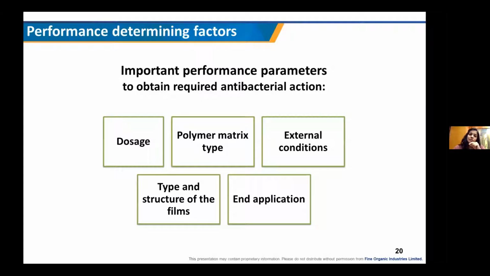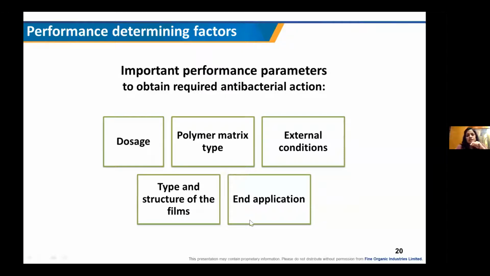One is, of course, the polarity of the base polymer. It's also important to understand the extent of crystallinity the polymer is exhibiting. The external conditions are also important because at elevated temperature there is a possibility that the additive which has migrated to the surface can go back into the base polymer. That phenomenon is called reverse migration.